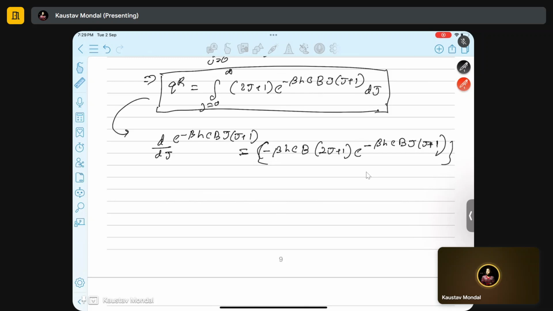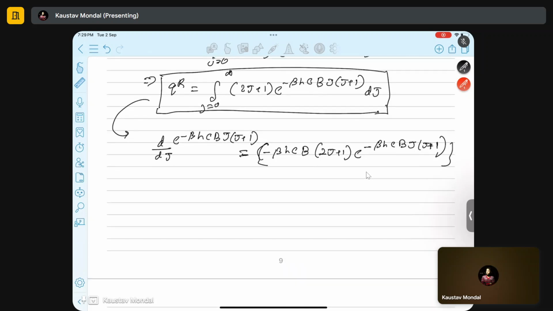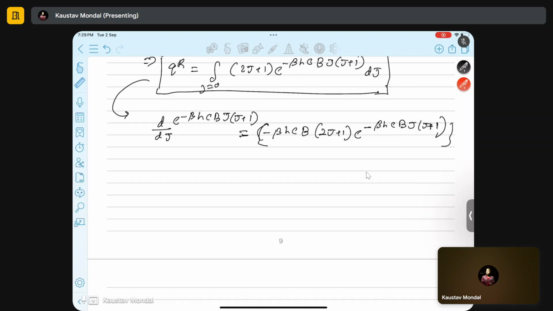So this expression now looks like this: 2J plus 1 times e to the power minus beta hcB J into J plus 1 is equal to minus 1 by beta hcB times d by dJ of e to the power minus beta hcB J into J plus 1.